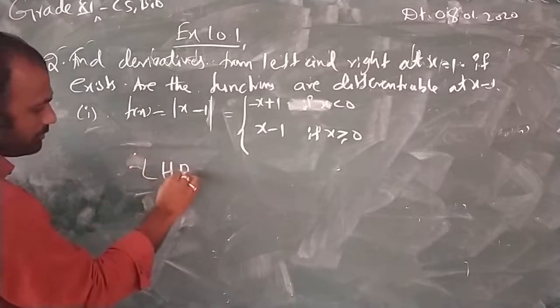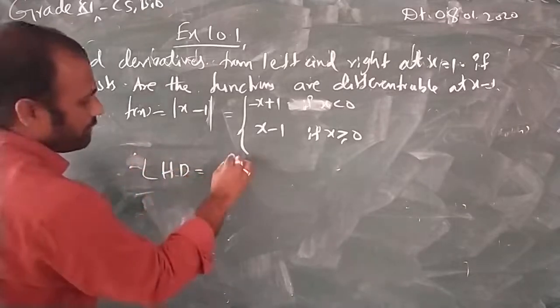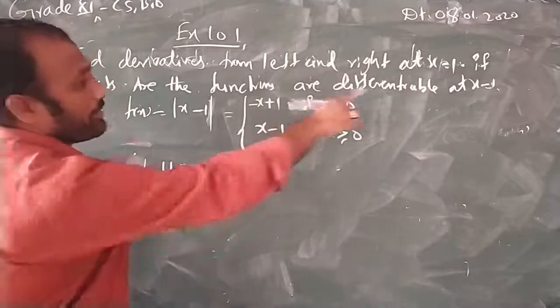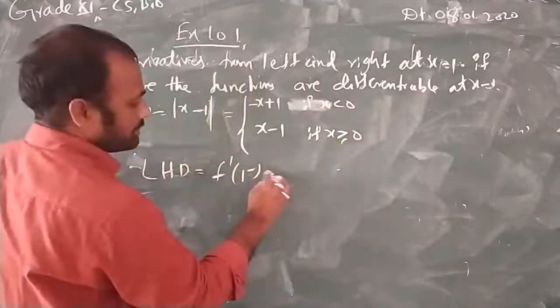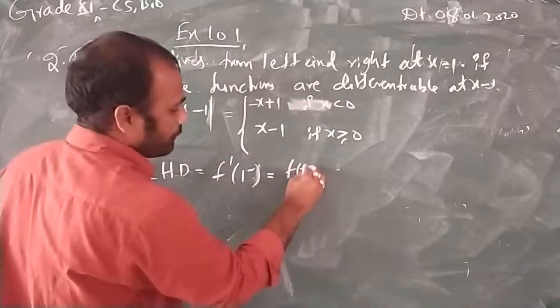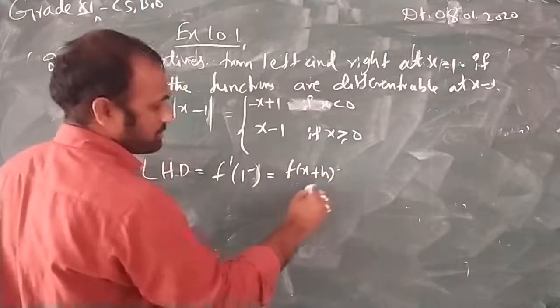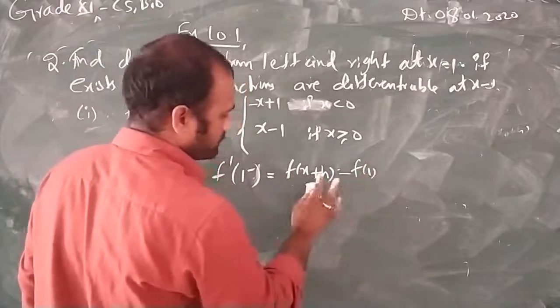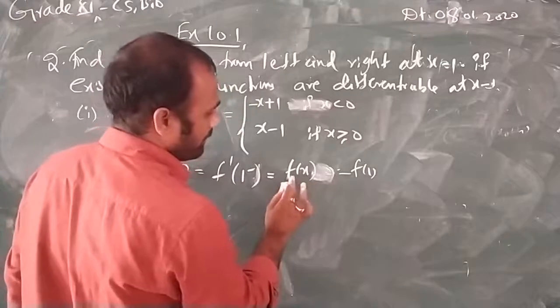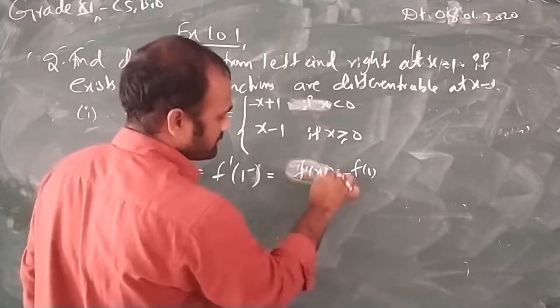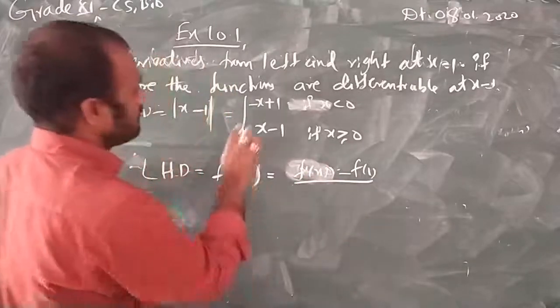Left hand derivative, which is f dash of 1 minus, since we are finding it at 1, is equal to limit of f of x minus f of 1 divided by x minus 1, using the given function.